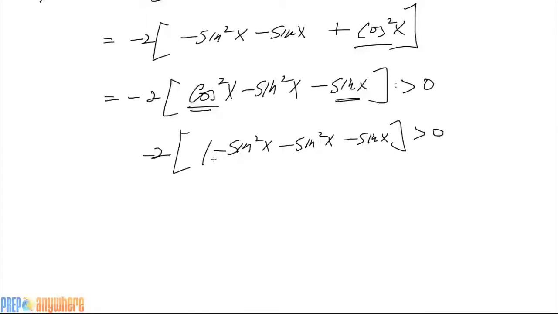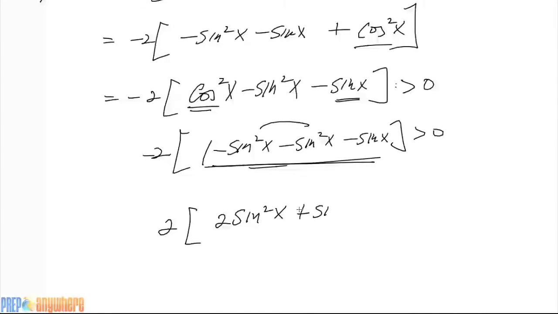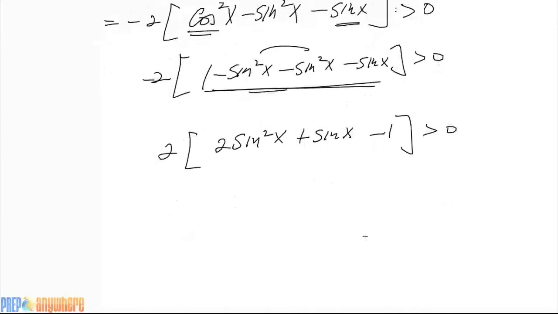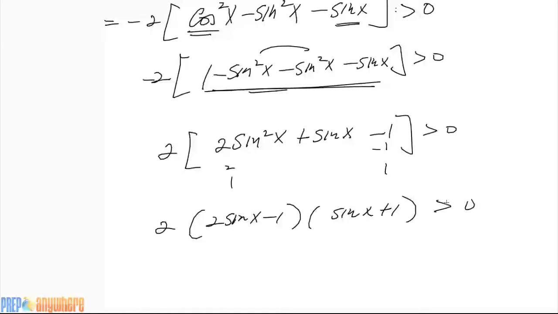Do you see there's lots of negatives in there? Let me factor out a negative and multiply to the outside. You get positive 2. You're going to get 2 sine squared x, positive sine of x, and minus 1. Okay, this factors: 2 times 2 sine of x minus 1, sine of x plus 1.